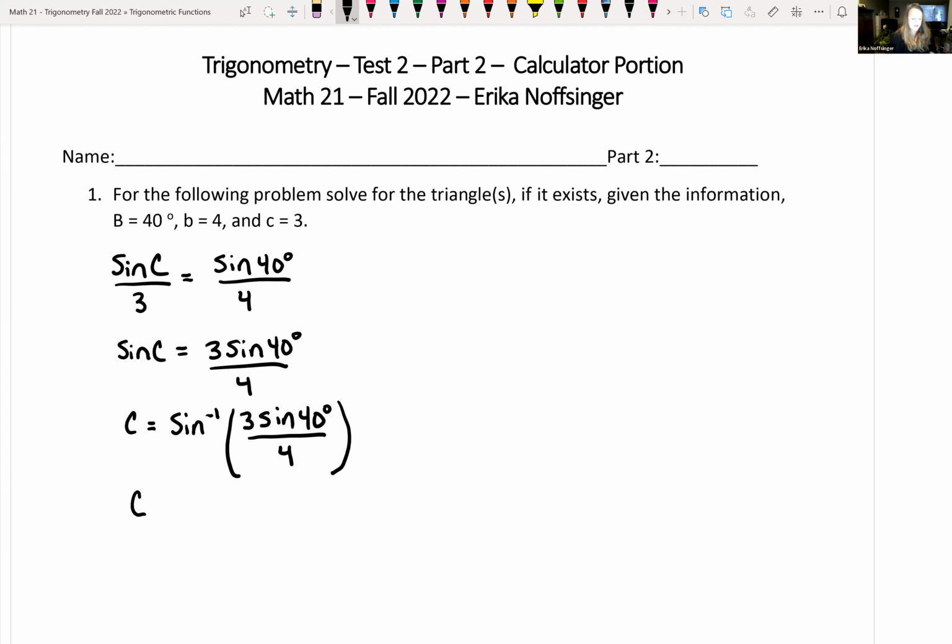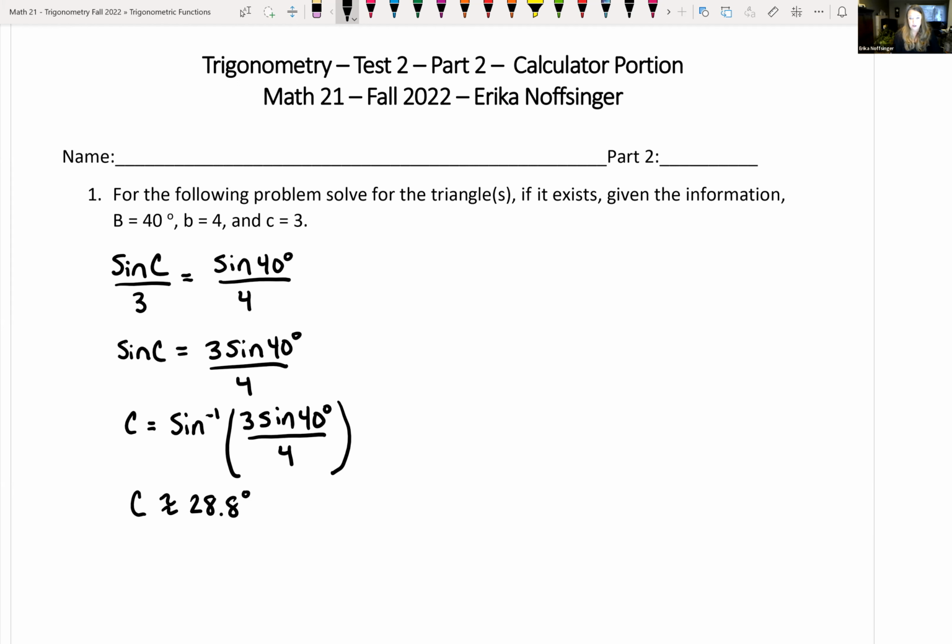So let's plug that into the calculator and estimate what our angle is. We're dealing with degrees, so make sure that your calculator is in degree mode. So plugging it in the calculator, we find that C is approximately, I'm going to round to the nearest tenth, 28.8 degrees.